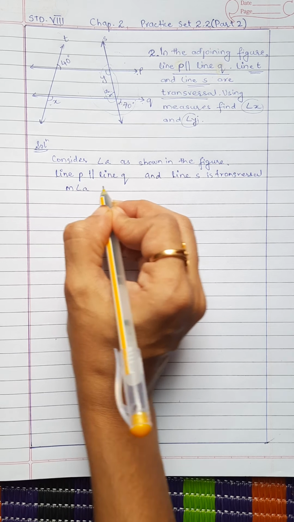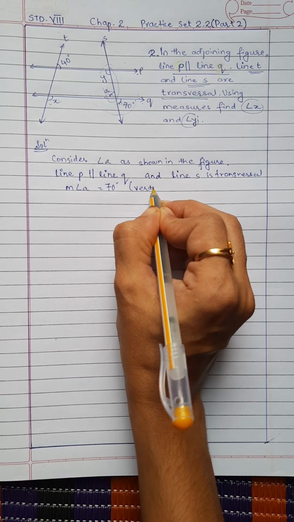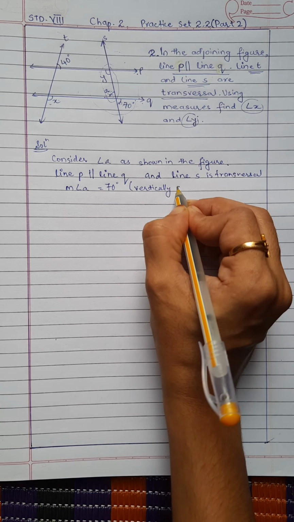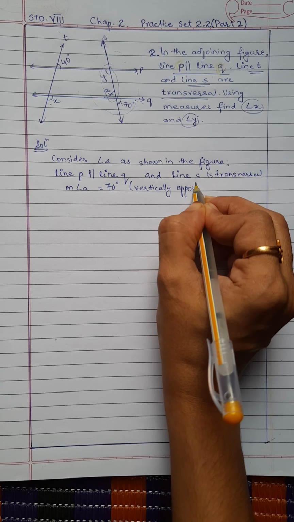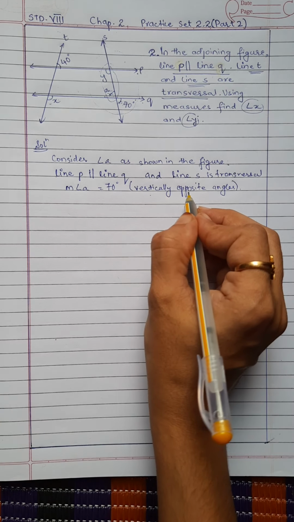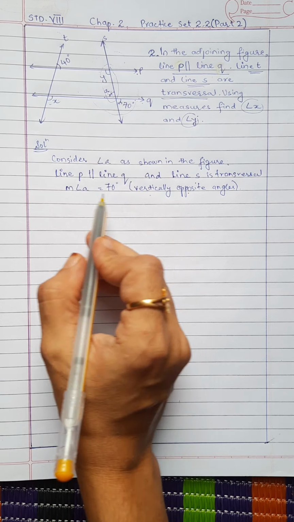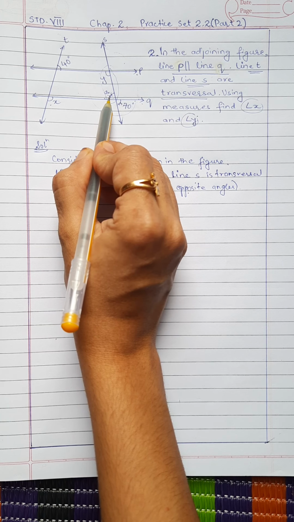Measure of angle A will be equal to 70 degree as it forms vertically opposite angle, because the property of vertically opposite angles says that their measures are congruent. So measure of angle A will be 70 degree.